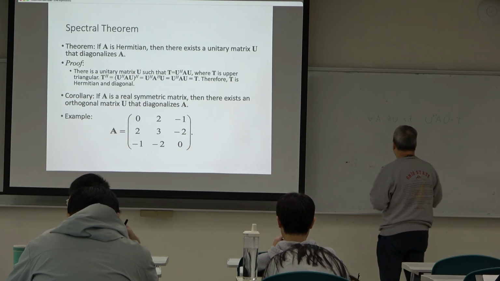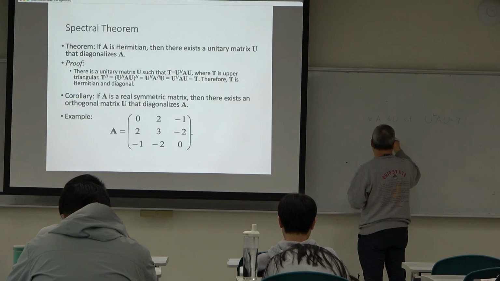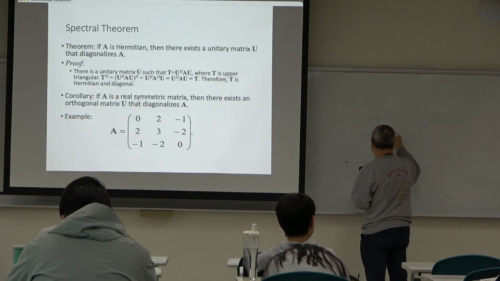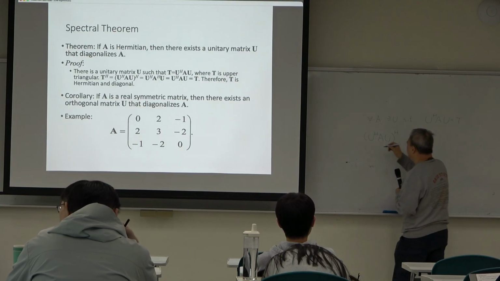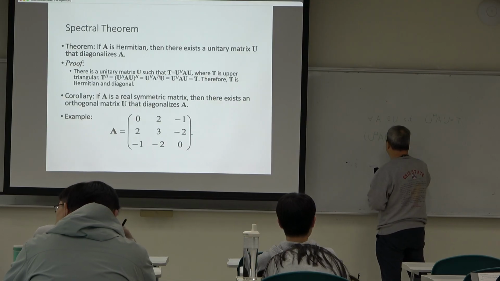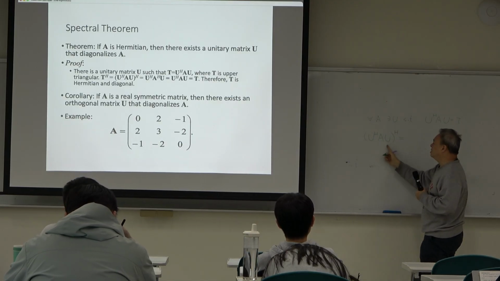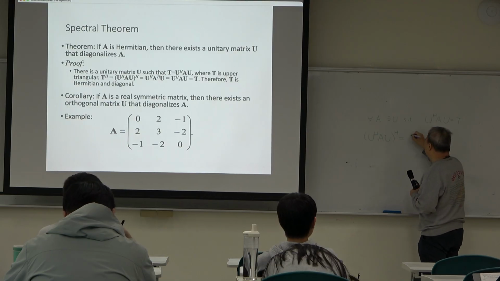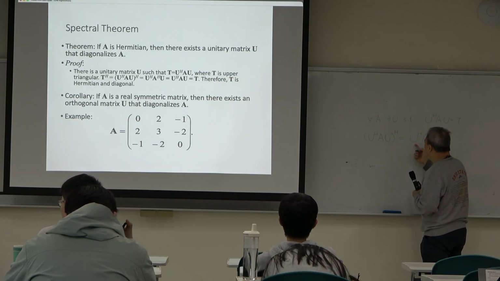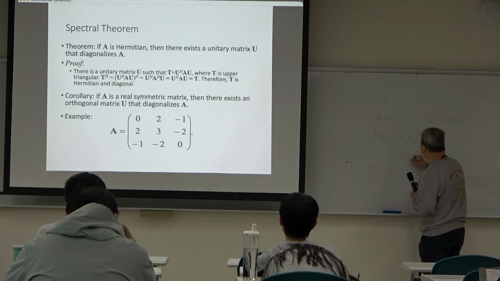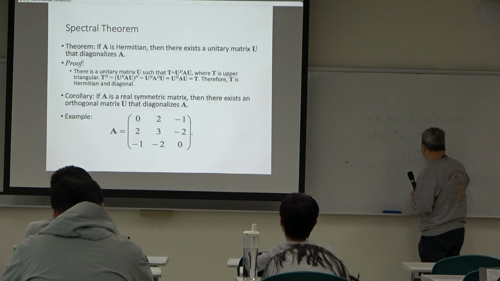Now let's take the H of U^H A U. You reverse the order and then put H, so U^H A^H U^HH, and that will be U. And because A is Hermitian, A^H is A, so it's U^H A U.